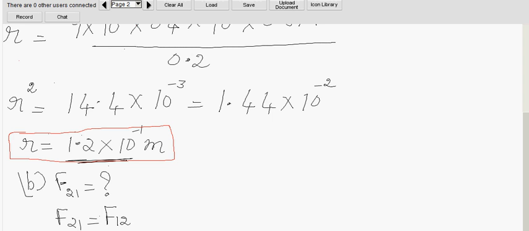The two forces are equal in magnitude and opposite in direction. Therefore, F21 is equal to F12. F12 is given, that is 0.2 Newton. Always you need to mention the unit. Don't forget to write the unit.